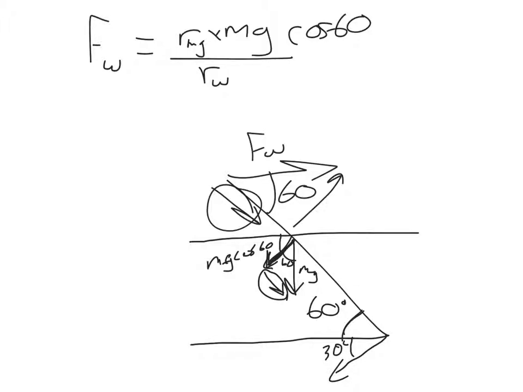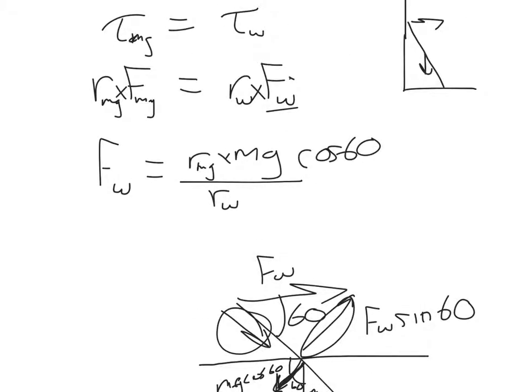This is an opposite. So this would be wall force sine 60, which means up here that would be wall force times sine 60, or I'm dividing by it. So this would be sine 60.